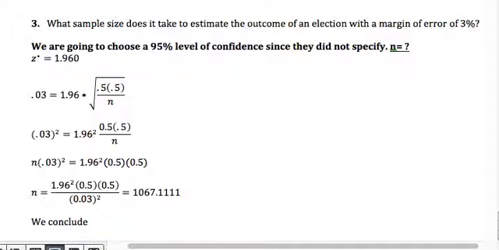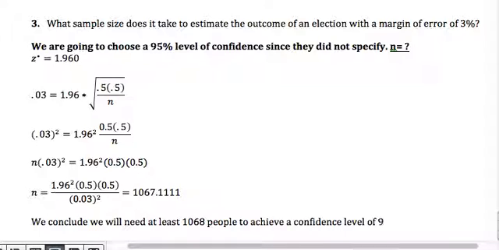So we conclude we will need at least 1,068 people to achieve a confidence level of 95% and a width of 3% in either direction for our confidence interval.